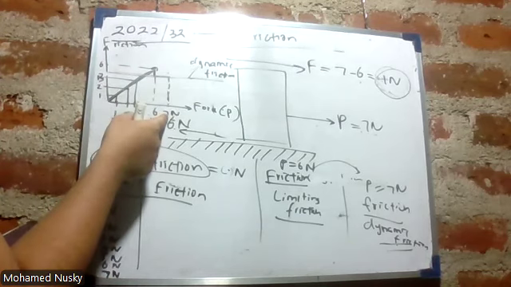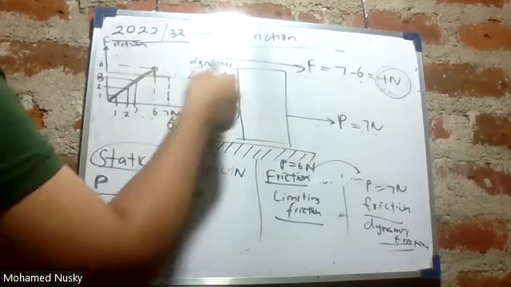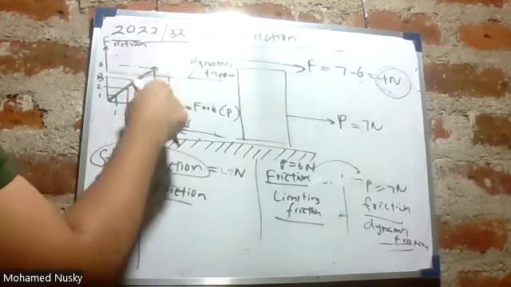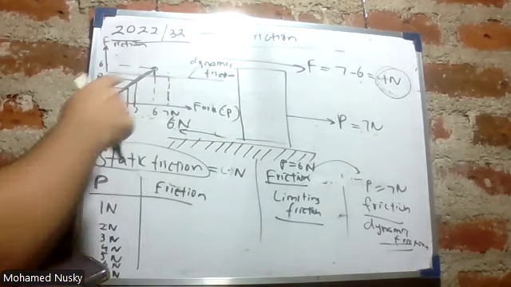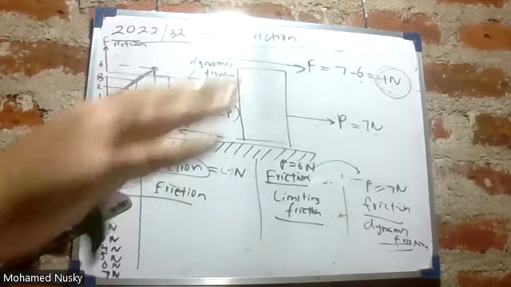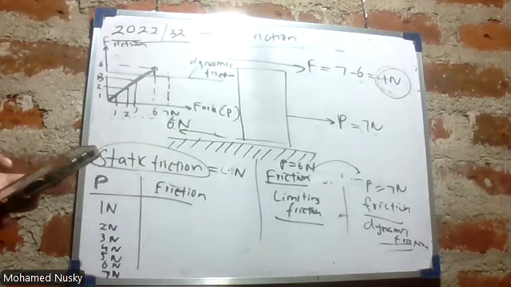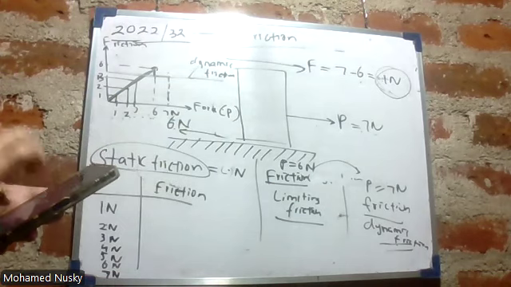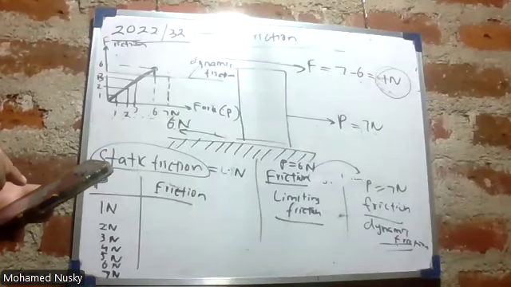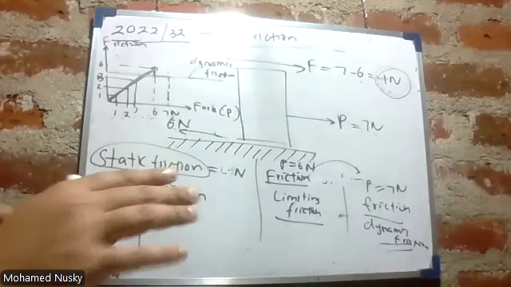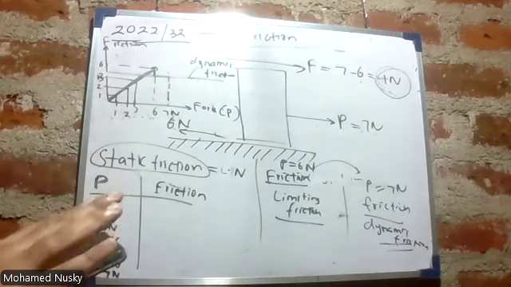When I apply 7 Newton, friction slightly drops and remains constant. After that, dynamic friction will remain constant, with no change. It doesn't have a constant value from the beginning. It's wrong.